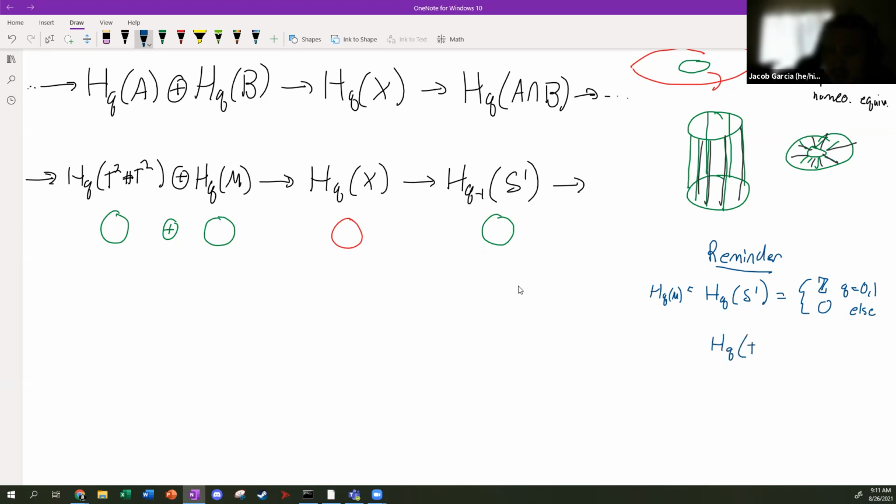And H_q of the genus g surface, the g-holed torus, is Z for q equal to 0 or 2. It's 0 if q is greater than or equal to 3, but for q equals 1, this is Z to the 2g.